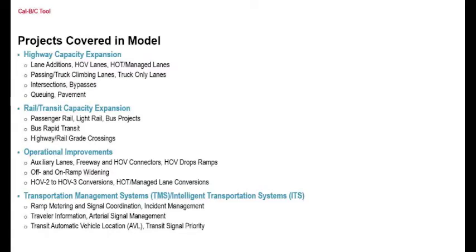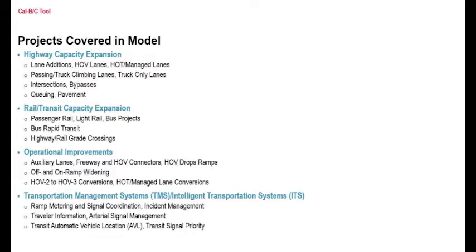You can argue whether that's an operational improvement or not, but we have it under that category. And then on the ITS, TMS side, we have ramp metering, incident management, traveler information, arterial signal management, and then a couple of transit ITS projects as well, transit signal priority, and also AVL, automated vehicle location systems.